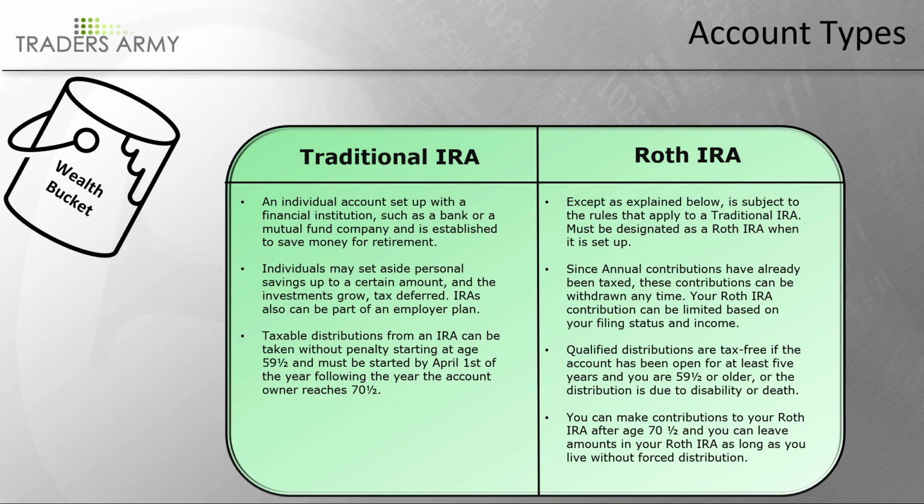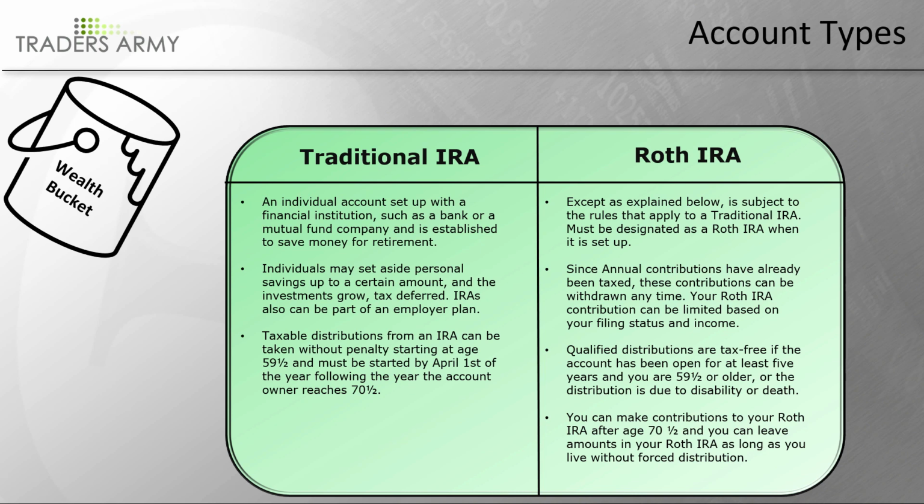Now, a Roth IRA has a lot of the same features as a traditional IRA, but the biggest difference is when the taxes are paid. In a Roth IRA, you fund it with post-tax dollars, but all of the gain in a Roth IRA is tax-free.